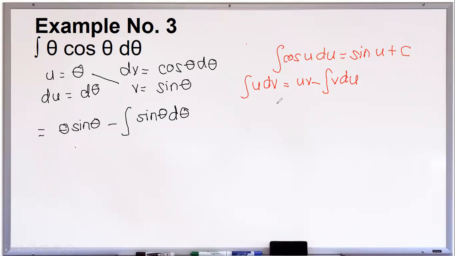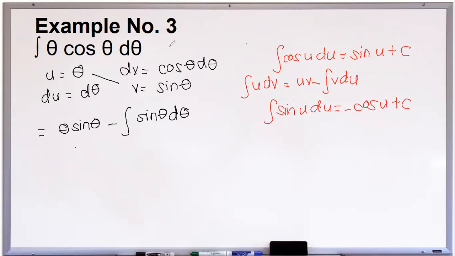Sa formula, ano ang integral of sine u du? Sige nga, kung naalala nyo, ano ang integral of sine u du? Okay, so ito ay negative cosine of u plus c.